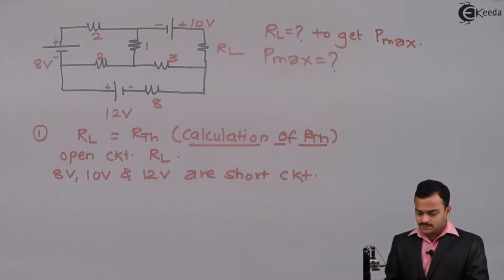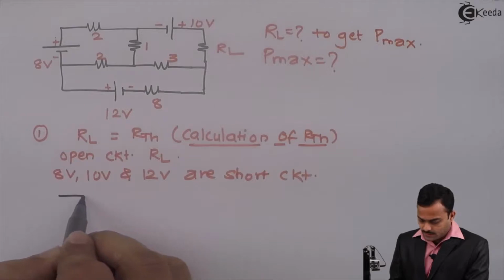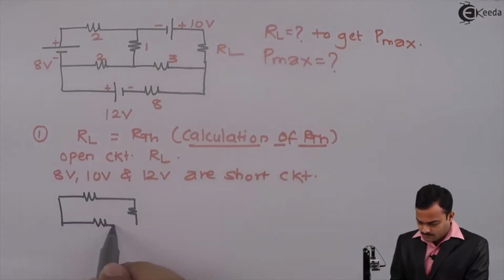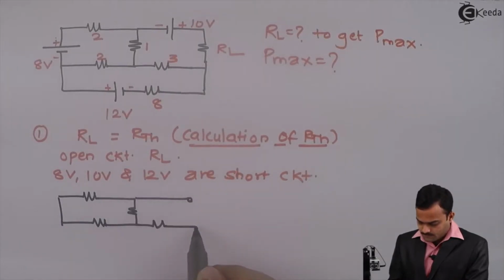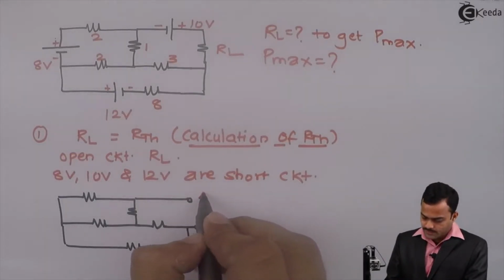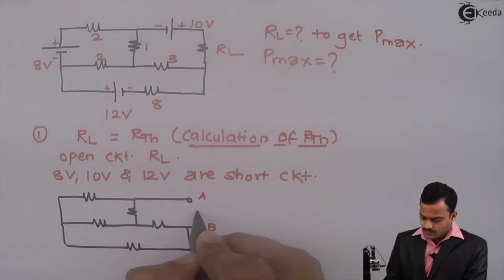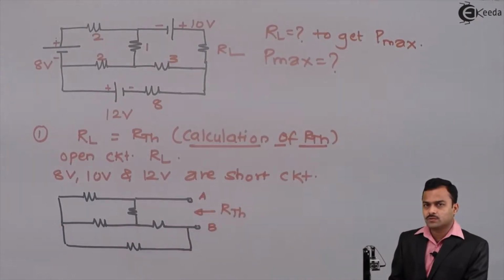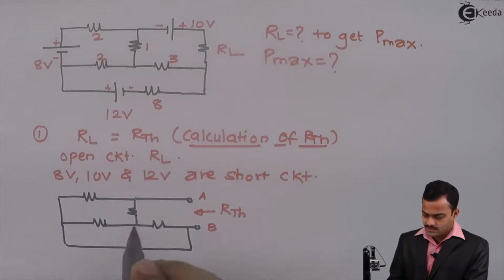So that will result in a circuit like this, leaving behind two open terminals A and B, across which we have to find Thevenin's equivalent resistance RTH.